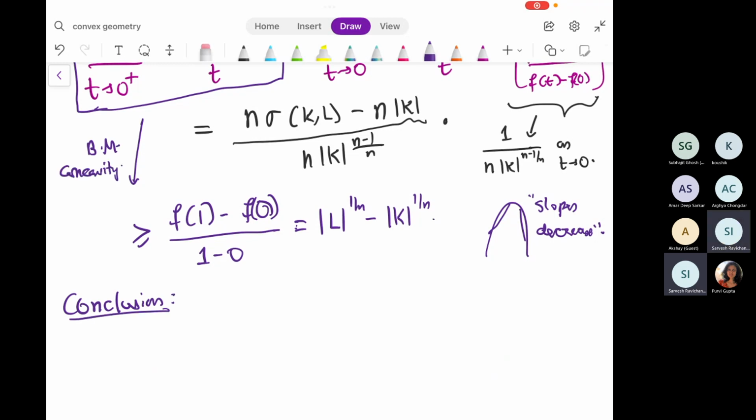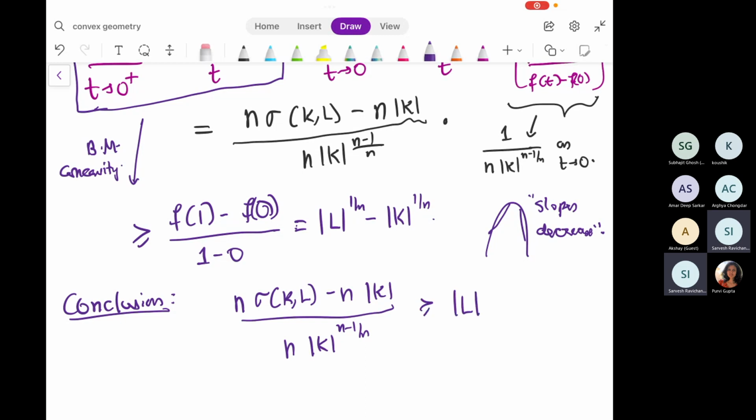The conclusion, or what we have so far, is that n sigma of k, l minus n volume of k by n volume of k to the n minus 1 by n is greater than or equal to the area of L to the 1 by n minus the area of k to the 1 by n. And now you can rearrange and complete the proof. Please rearrange and complete the proof of Minkowski's first inequality.